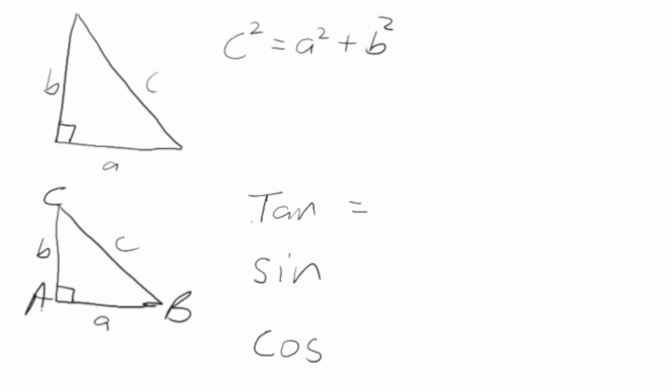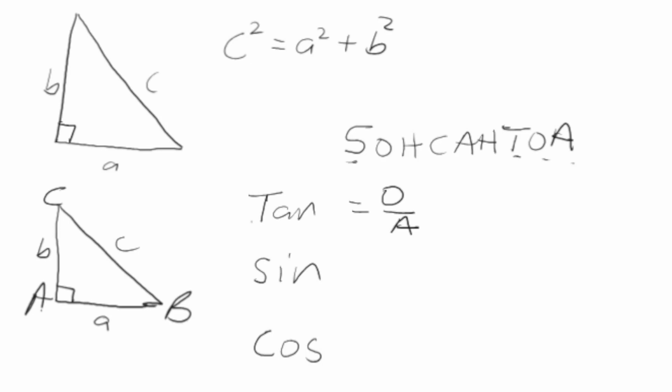We said that tan is equal to, and then we remember the acronym that we use, SOHCAHTOA. So tan is equal to opposite divided by adjacent.